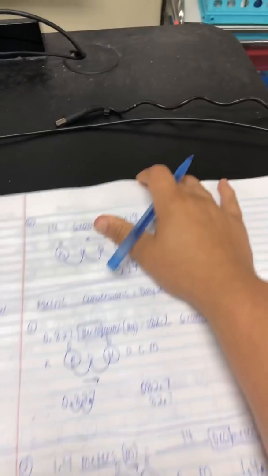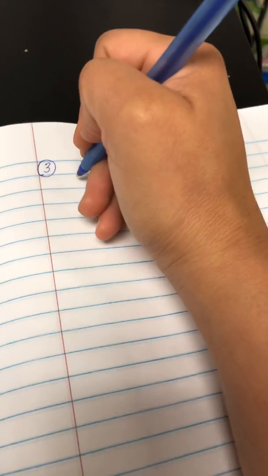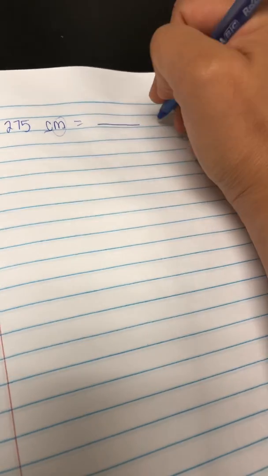All right, so here's one for you to try on your own. Let's say we do 275 centimeters. Okay, so meters is M and centi is C, so centimeters is equal to some amount of hectometers.